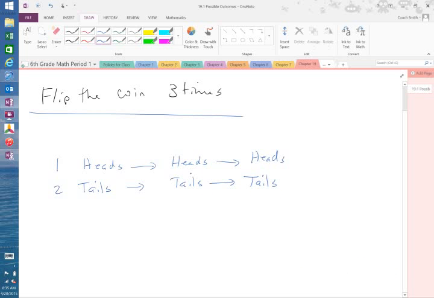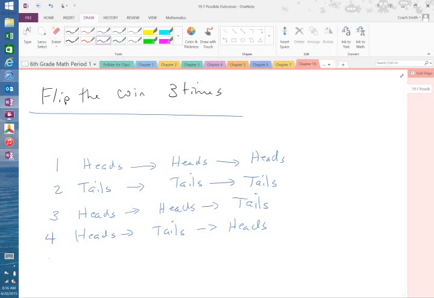That's the second possible outcome. Then I could have heads, heads, and tails. Then I could have heads, tails, heads.